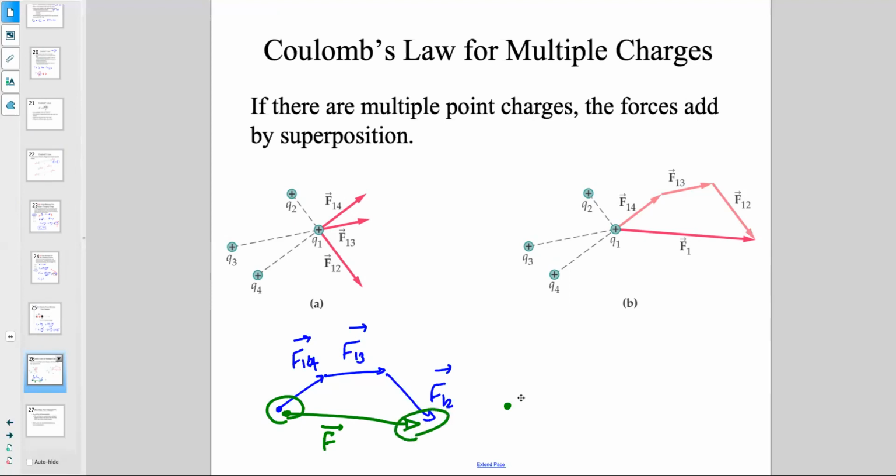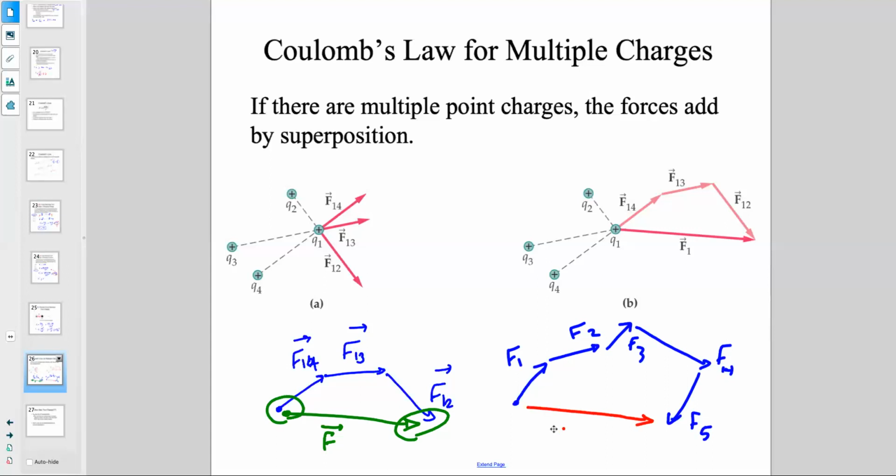In other words, if you have, for example, F1, F2, F3, F4, and F5, then your net force is this.